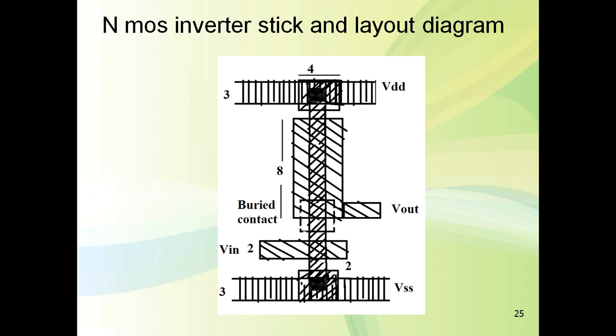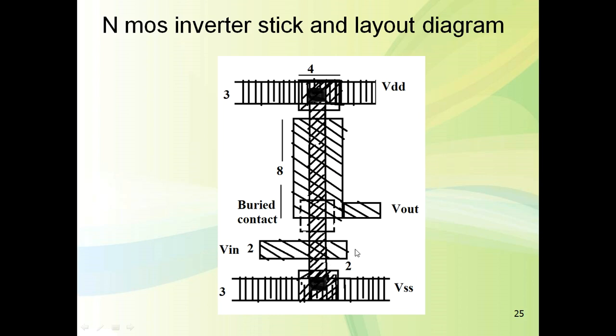A transistor is formed when poly crosses diffusion. Now we have to draw the poly layer. This poly layer is for the enhancement mode transistor. Poly crosses the n diffusion layer and the transistor is formed. What is the size of this transistor? It is 1:1.